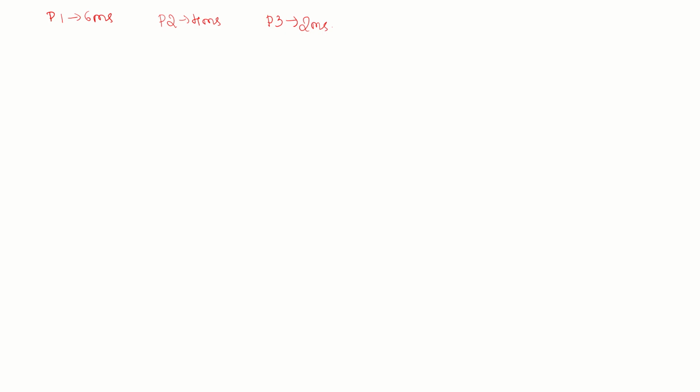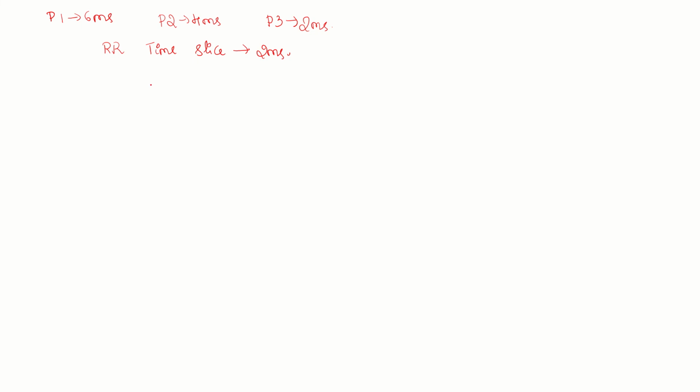Now we will write down the time slice also. RR time slice. It's very important, 2 milliseconds. Now while solving, we will get to know the significance of this time slice.